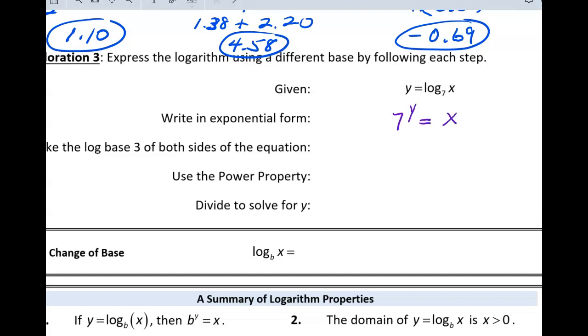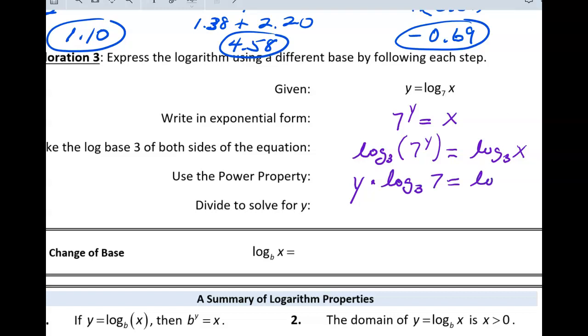Now we're going to take a log base 3 of both sides of the equation. So log base 3 of 7 raised to the y equals the log base 3 of x, and use the power property on the left side. So now we have y times the log base 3 of 7 equals the log base 3 of x, and finally divide to solve for y. So y is the log base 3 of x over the log base 3 of 7.